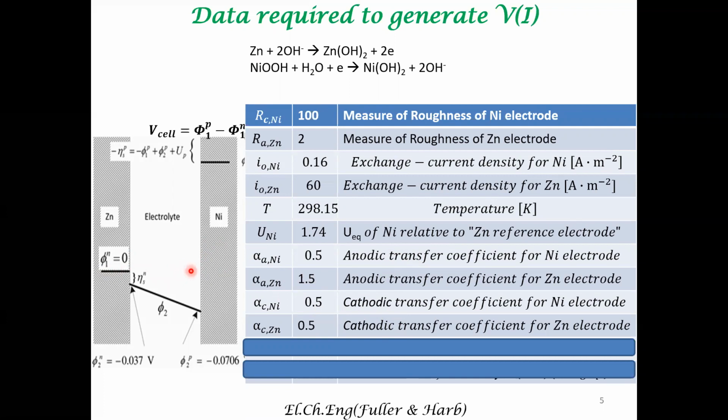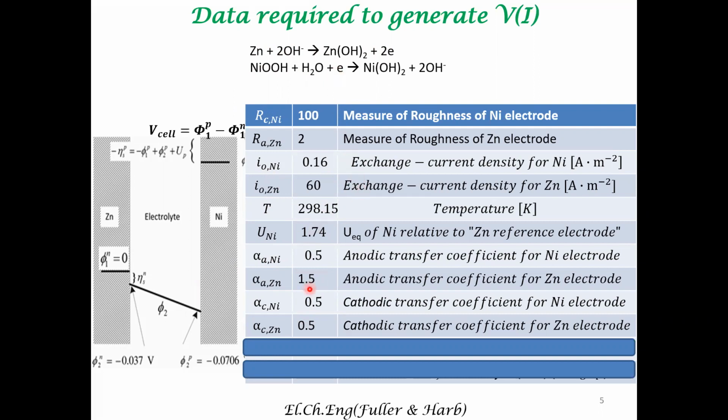There's a pattern to it, as I have mentioned in an earlier lecture. The sum of the anodic and cathodic charge transfer coefficients corresponds to the total number of electrons that are transferred. For example, 1.5 plus 0.5 corresponds to 2. That corresponds to 2 here. Likewise, for nickel on this electrode, 0.5 plus 0.5 corresponds to 1 electron. That corresponds to the 1 electron transferred here.